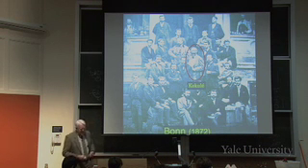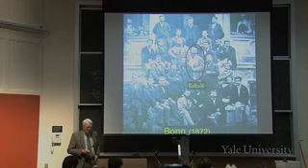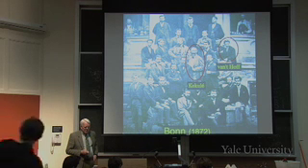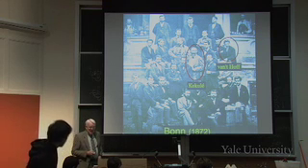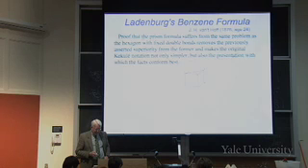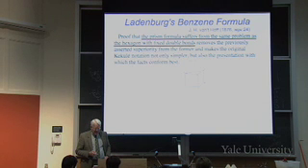Okay, so this is 1872, and there's Van 't Hoff, who was an 18-year-old student come to Bonn to see the great Kekulé. And he writes in 1876, at the age of 24, a reply to Ladenburg.